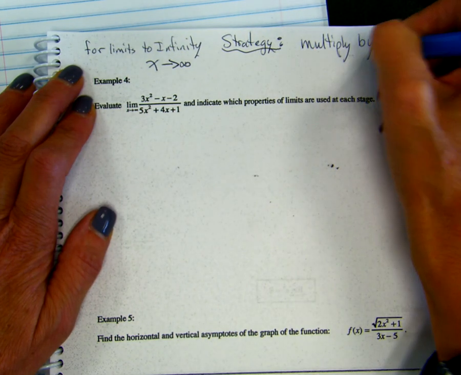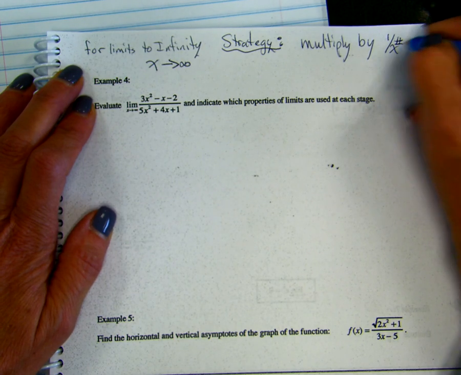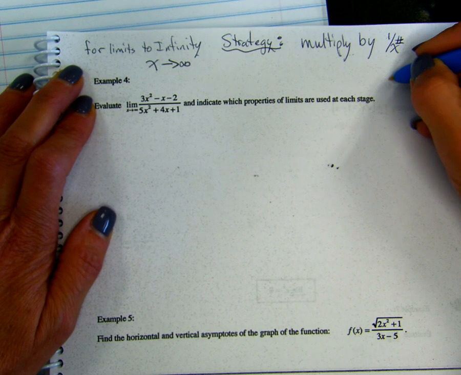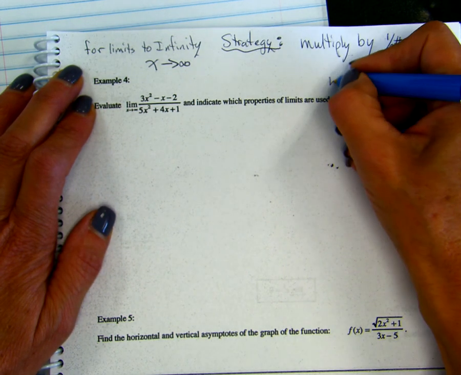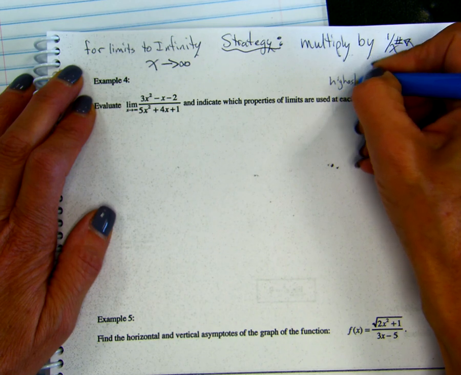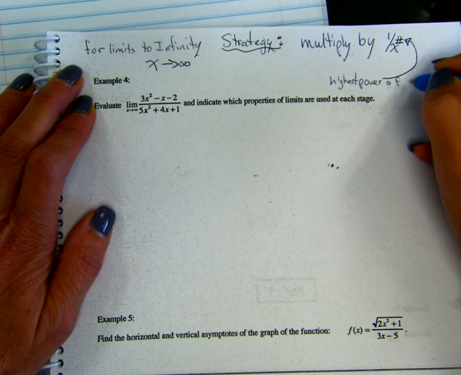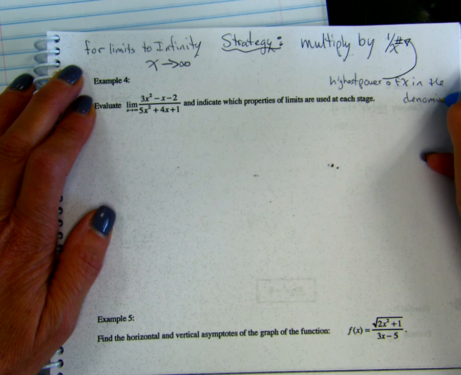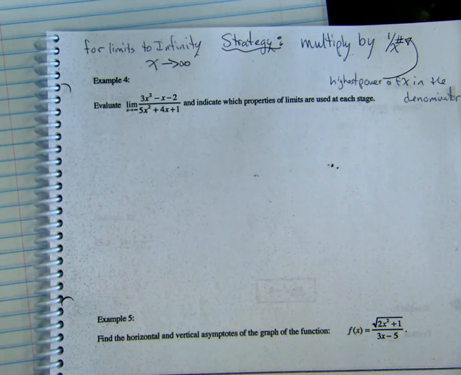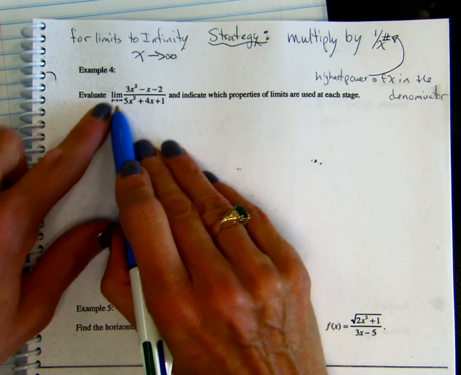We are going to multiply by 1 over x, and we're going to put some exponent on that. And how do we decide the size of that exponent? You're going to look at the highest power of x in the denominator. It has to be in the denominator.